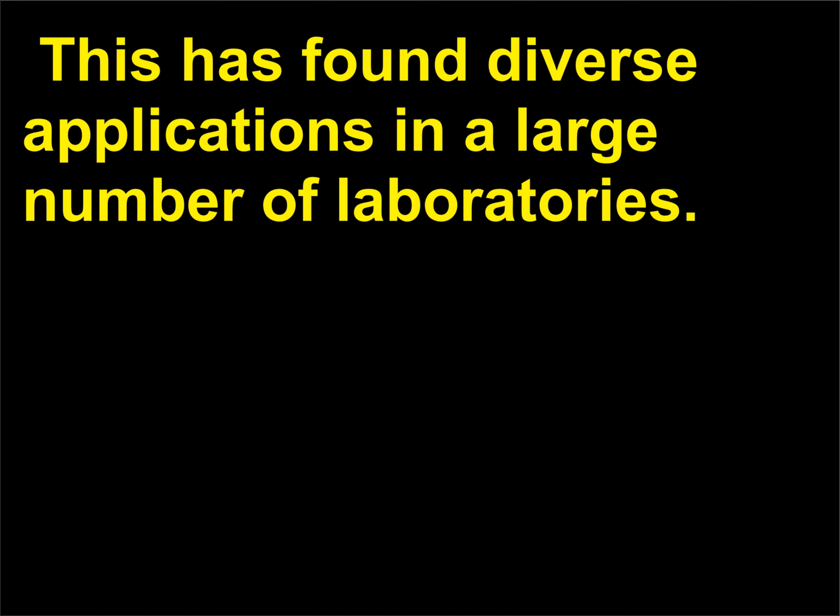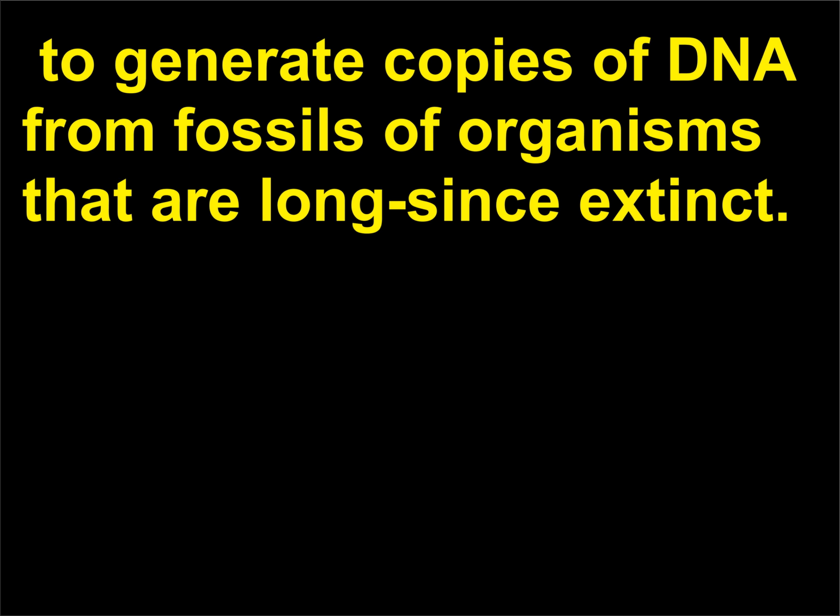This has found diverse applications in a large number of laboratories. It can be used, for example, to generate copies of DNA from fossils of organisms that are long since extinct.